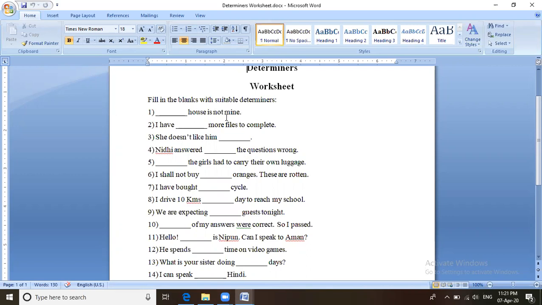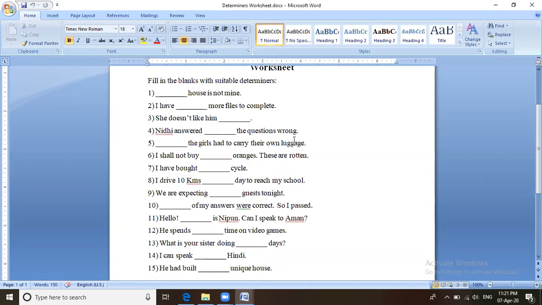Let's do the first one together as an example. This house is not mine, or that house is not mine. This is the correct determiner, but I also want you to tell me what kind it is. So this is a demonstrative determiner. I'll give you a moment to do this on your own first and then we'll check the answers.